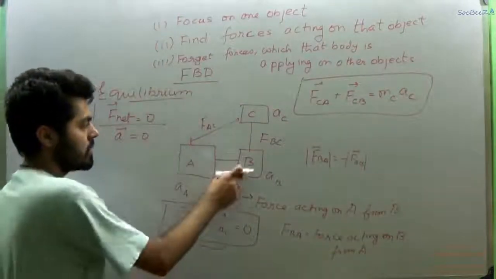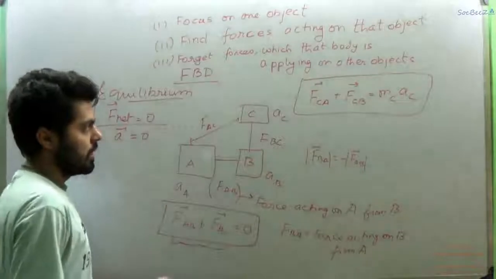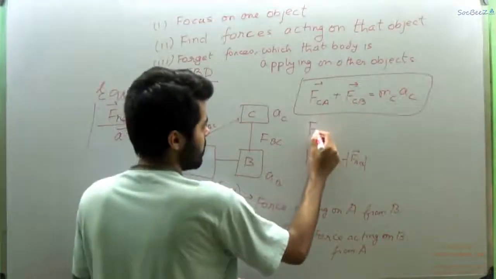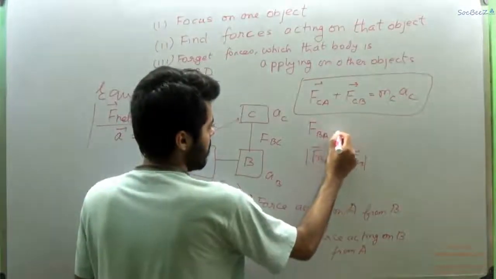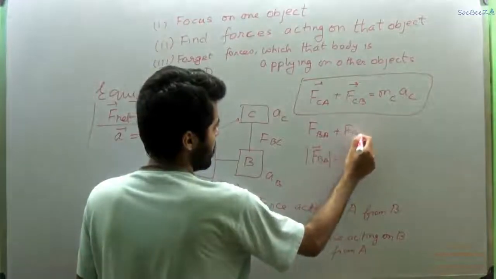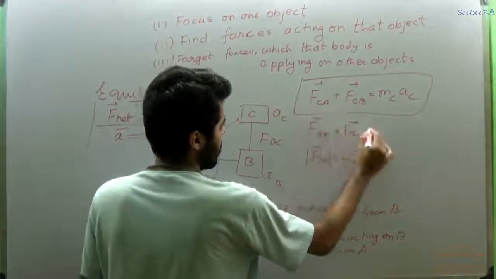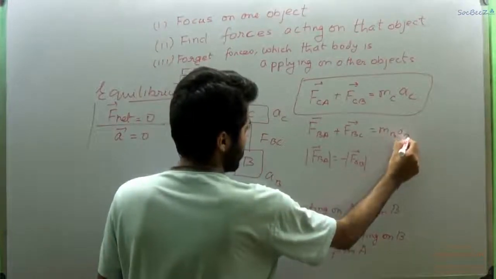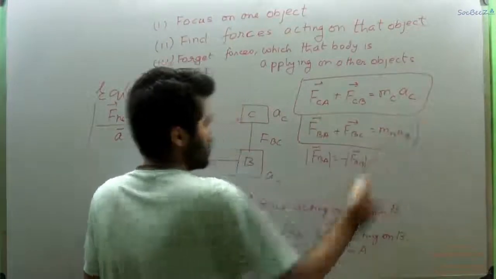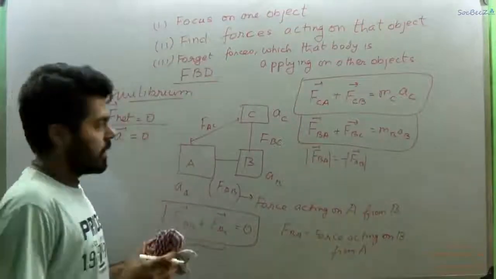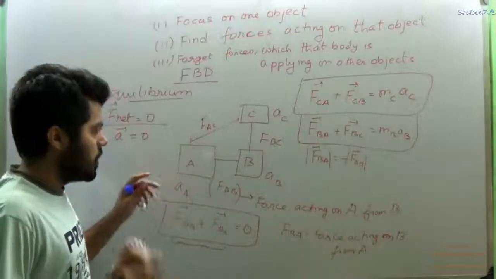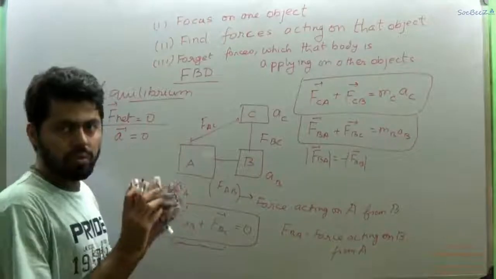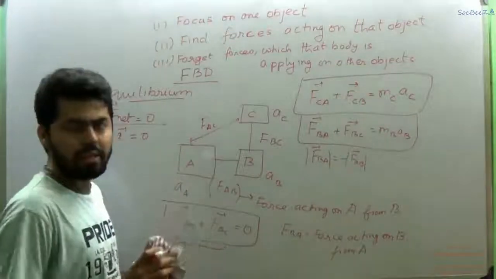And similarly we will apply the same thing on object B. For object B we will write force BA plus force BC. That will be equal to mass of object B into acceleration of object B. So we have to keep this in mind: do not get confused with different objects in any system.